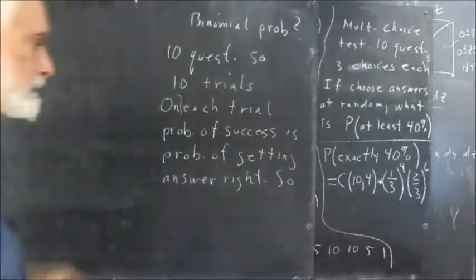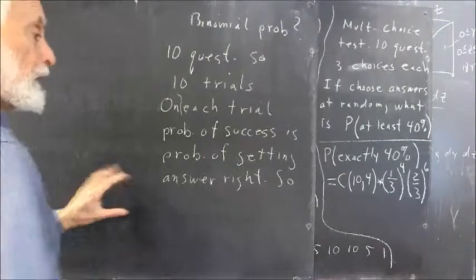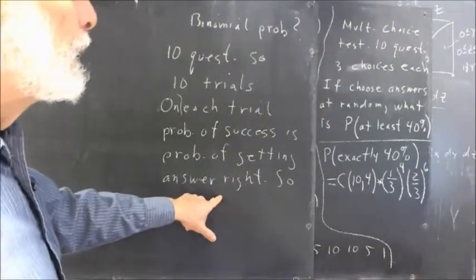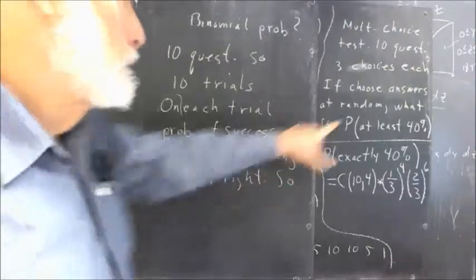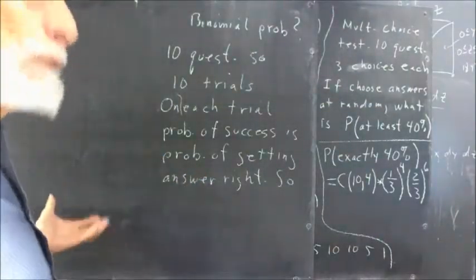So what we have is answers either right or wrong. Now, with that random choice of answers, the probability of getting an answer right is 1/3.